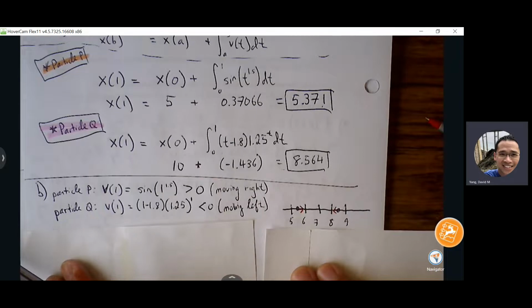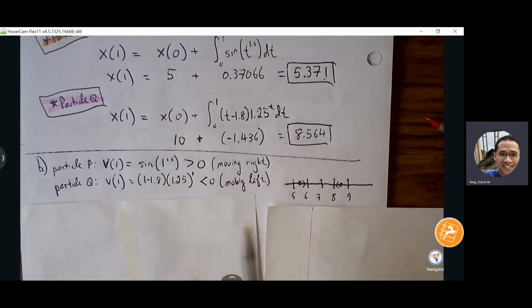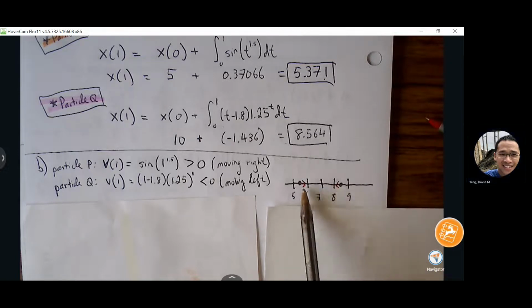Okay, so I think sign line not in the sense of we're testing intervals, but sign line in terms of visually seeing where these particles are headed, right? We know that particle P is at 5.371, moving to the right. Particle Q is at 8.564, moving left. So we can conclude these particles are moving towards each other, right?